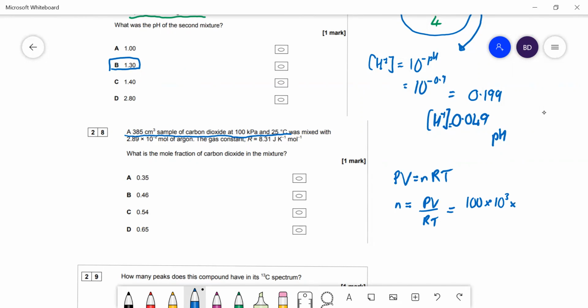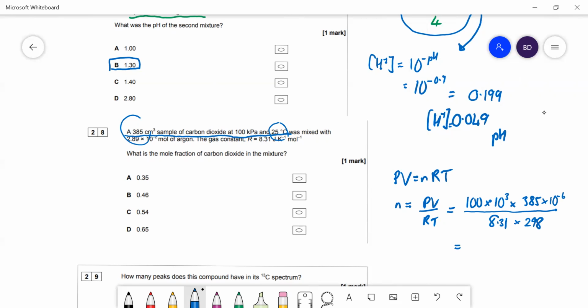The volume we have got to convert into meters cubed, so divide by a million, so that's times 385 times 10 to the minus 6. R is 8.31, and the temperature is 25 degrees C. We need that in Kelvin. Add 273, that's 298 Kelvin.